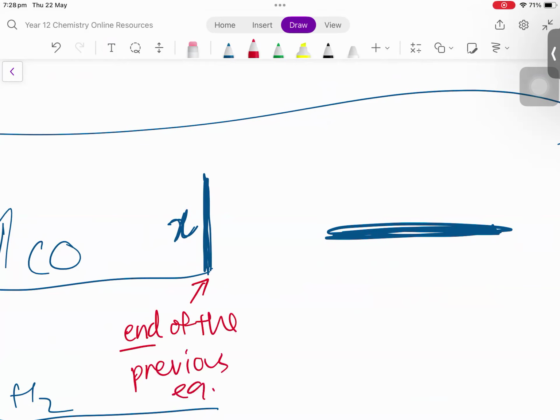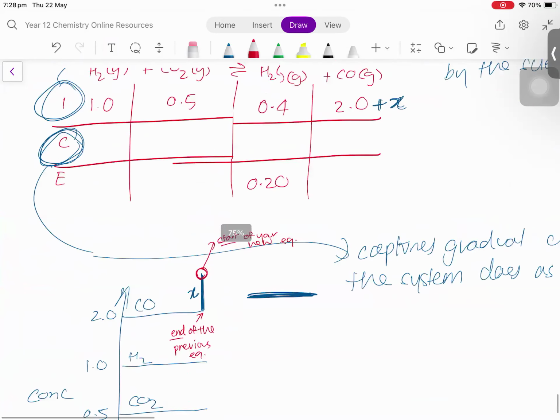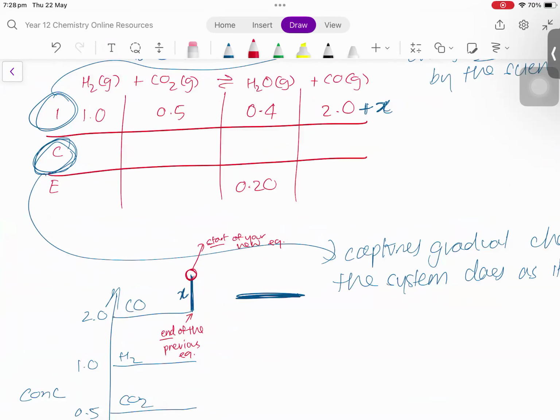When you do a shoot up or a shoot down in your graph, this point here is the start of your new equilibrium. Okay, so that's why in your ice table, I know they told you the initial amount is 2, but in our ice table, we don't fill the initial amount as 2, we fill the initial amount as 2 plus x.